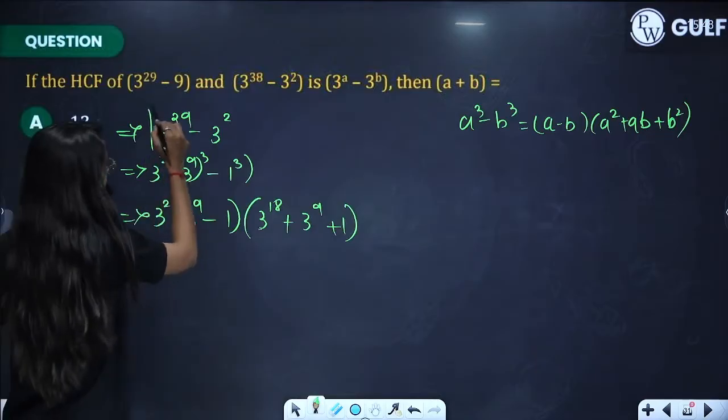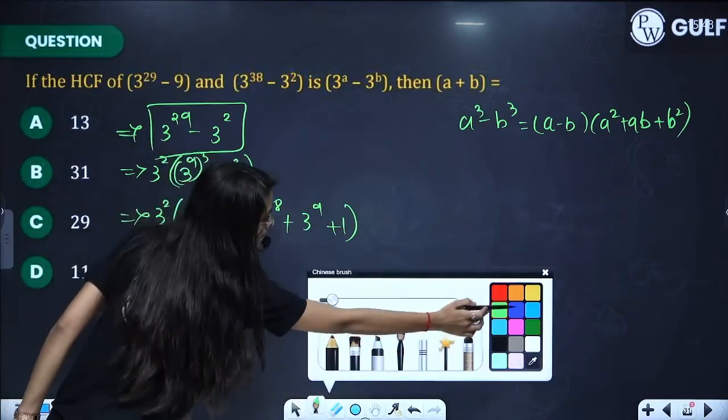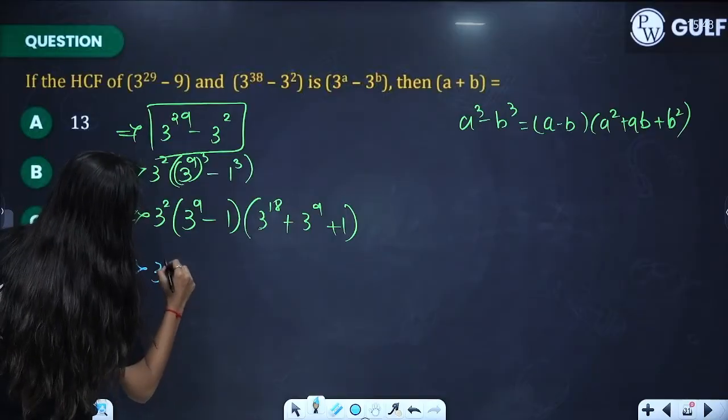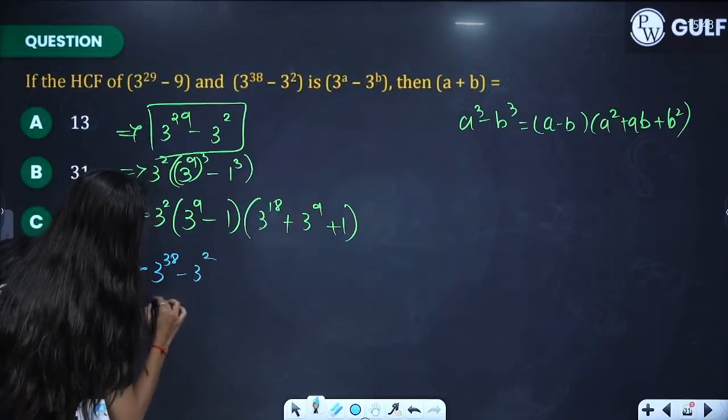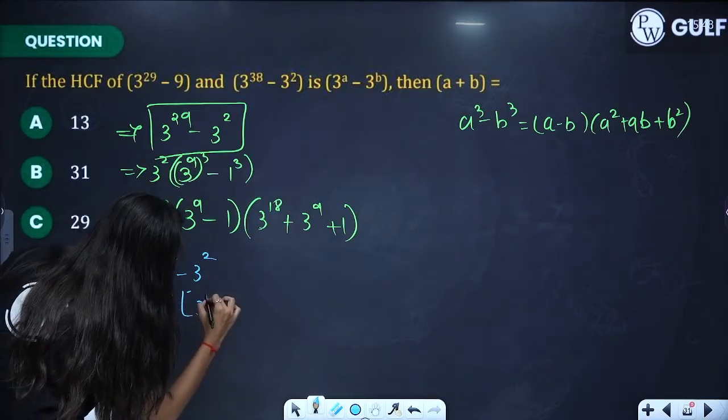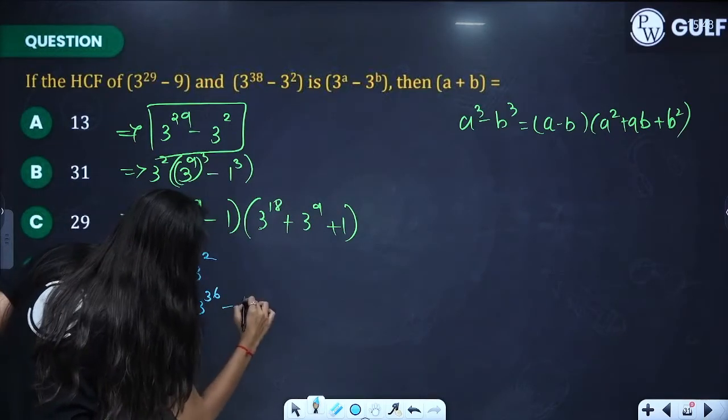Second expression will be 3 raised to 38 minus 3 square. Similarly, taking out 3 square common, I'll be getting 3 raised to 36 minus 1.